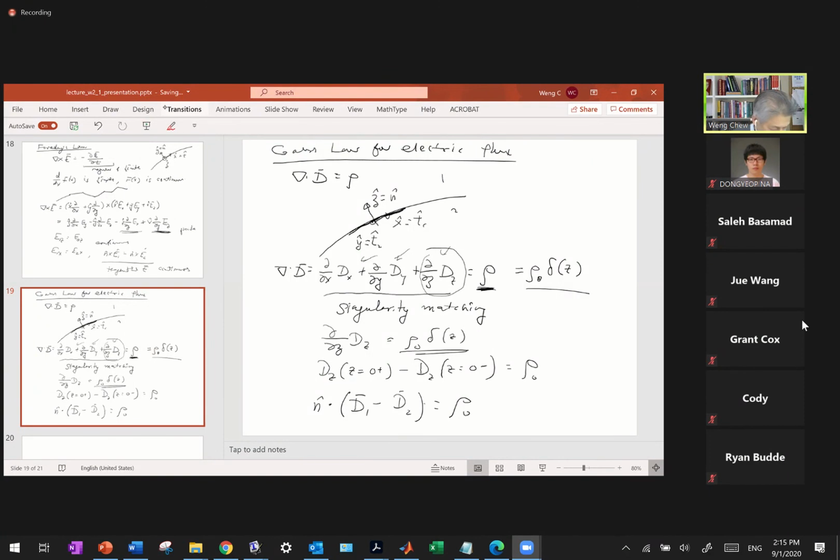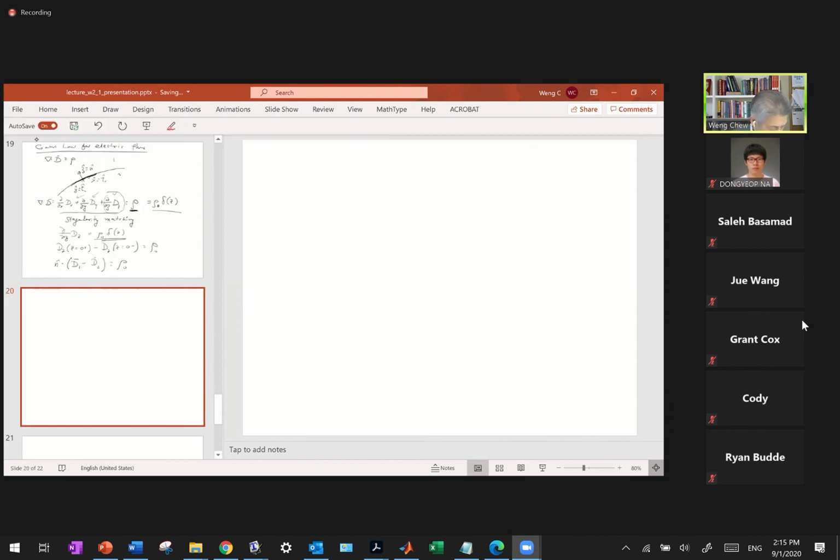We can do the same thing with Ampere's law. Again you can eyeball Ampere's law. It has two terms. Assume that you have an interface and you have a current sheet, J sub S, impressed on this interface.